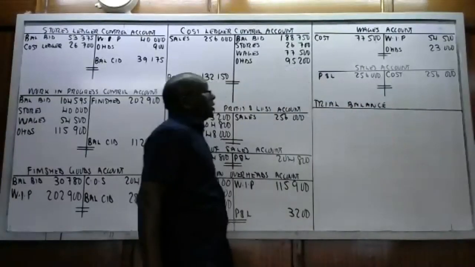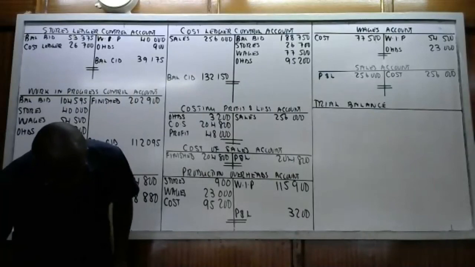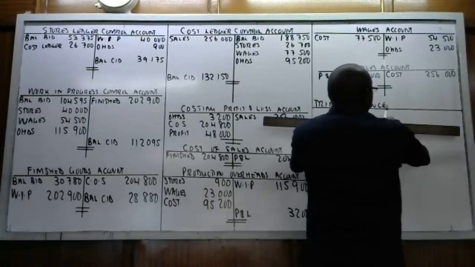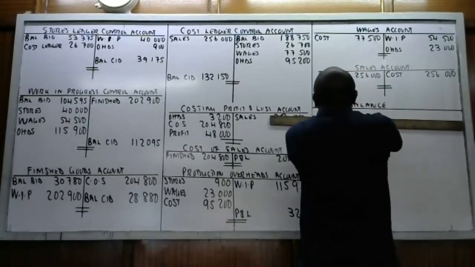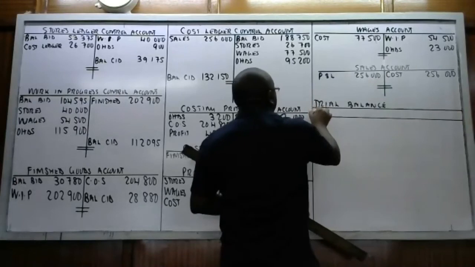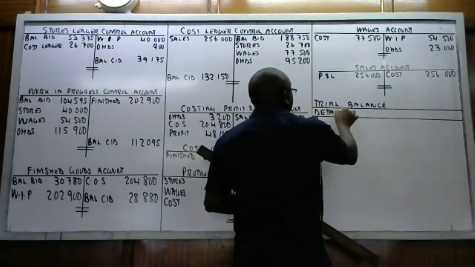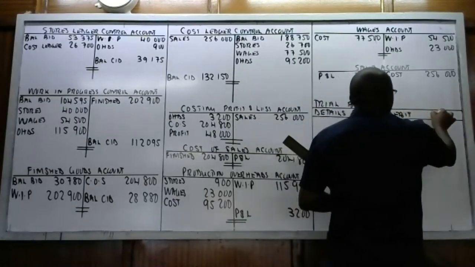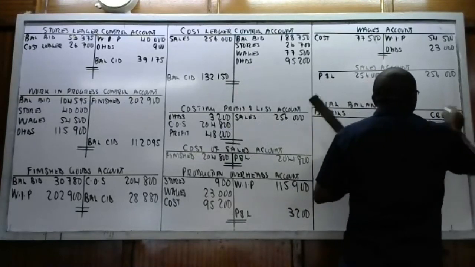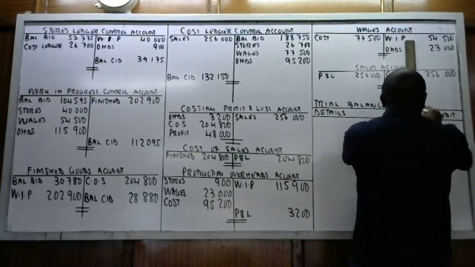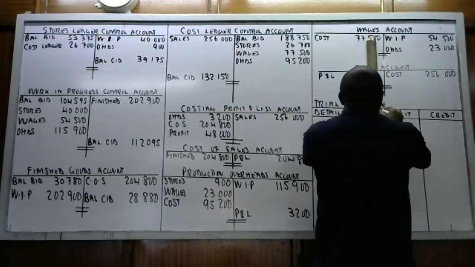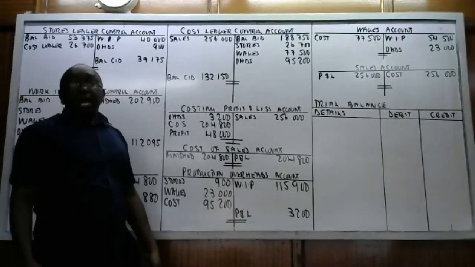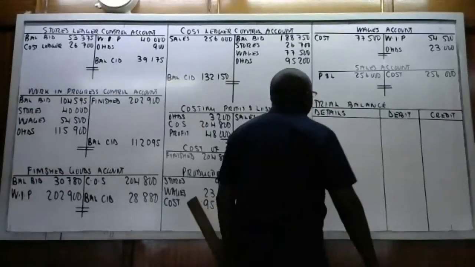For the trial balance, we have debits and credits. So you just go checking the accounts that have balances.